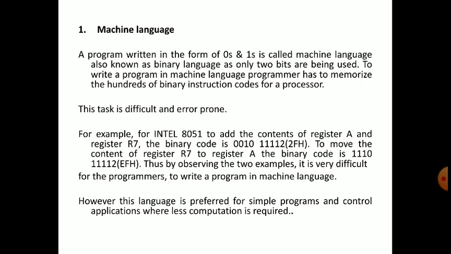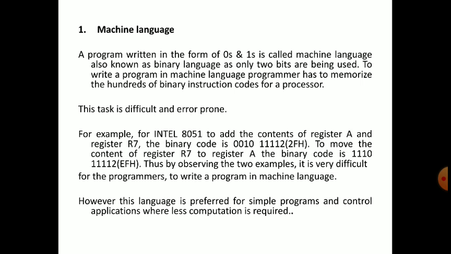Examples: move A comma B, move R0 comma R1, add A comma B, multiplication, null A comma B. Those instructions, add A comma B, we can easily remember because they are in our language. They are mnemonics, of course, but they are easily understandable to the human user.